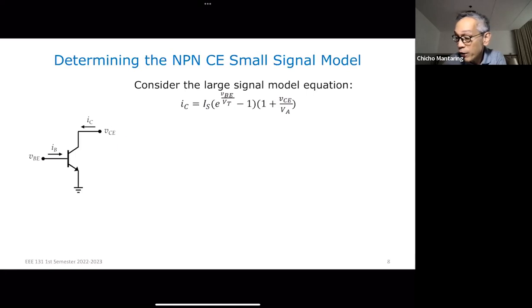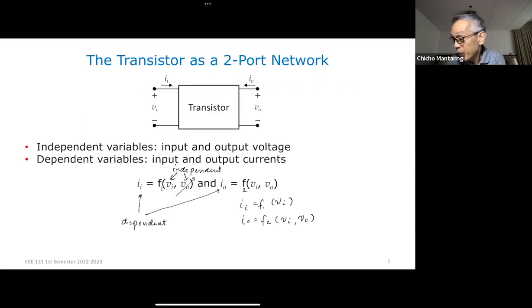Okay. So I want to create a small signal model for this particular transistor. So my inputs are VBE and IB, and my output is going to be VCE and IC. And if you recall, sinabi natin dito, no?